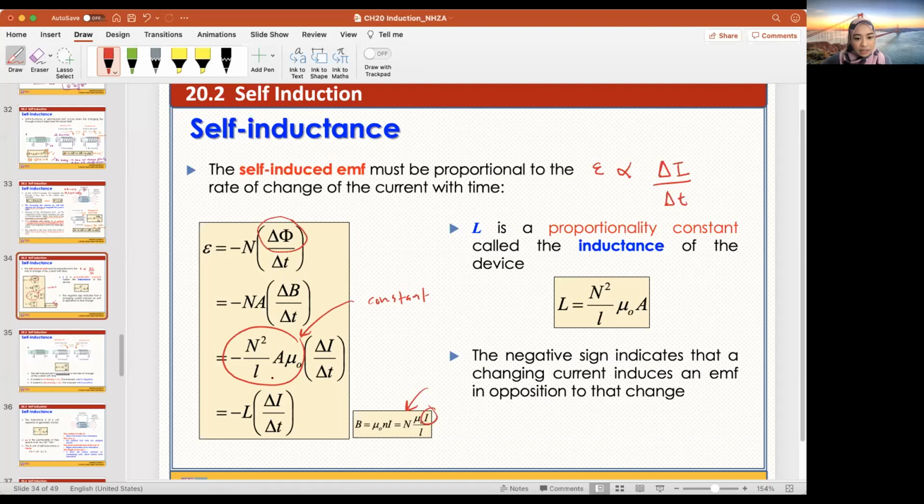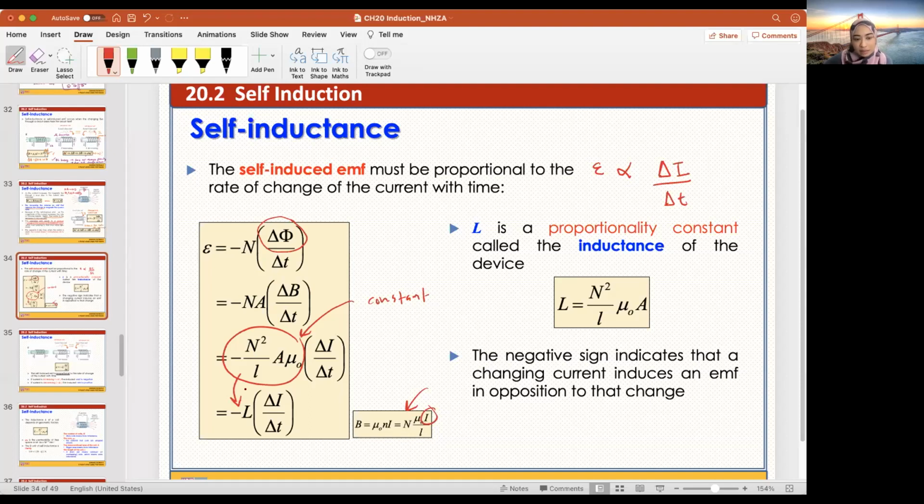The number of coils N does not change, the length of the solenoid does not change, the area of the coil does not change in this situation. Mu naught, the permeability of free space, or depending on the type of material you use for your solenoid, does not change. Then we can say that this part is a constant and this constant is called L.